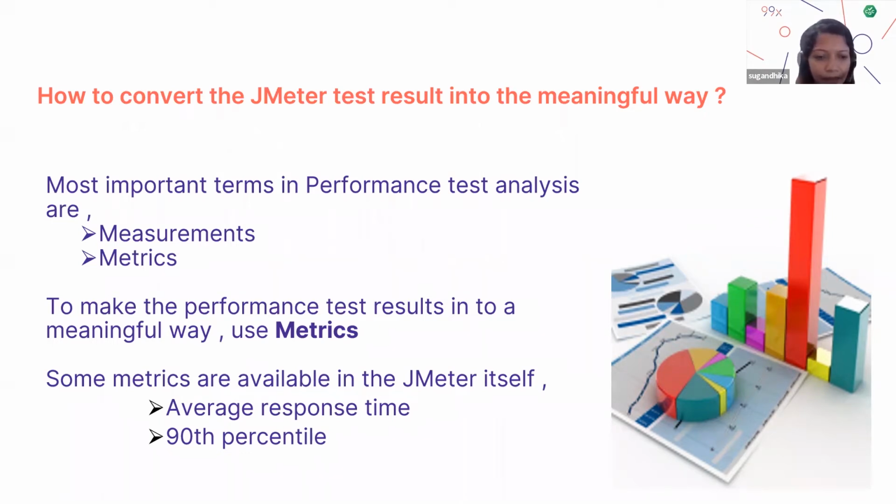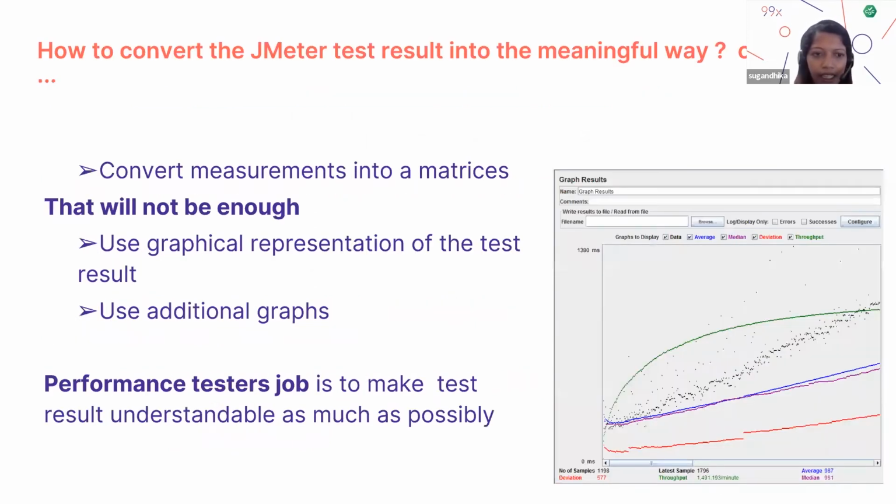So these are some metrics that you have along with JMeter: average response time and 90th percentile. So you can use them right there. Okay, so sometimes converting this measurement into metrics is not enough. You need to show them in a meaningful way.